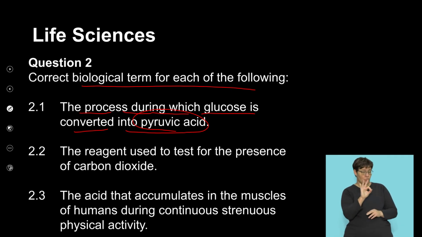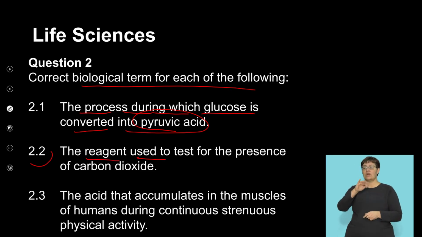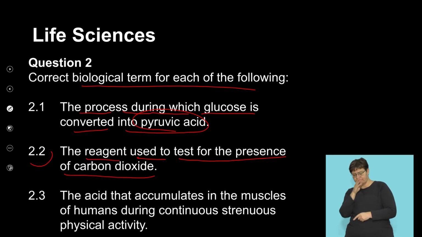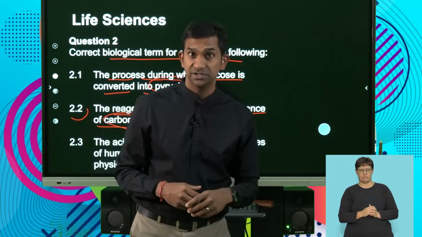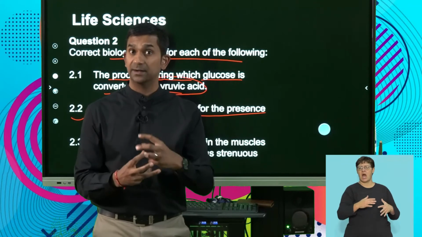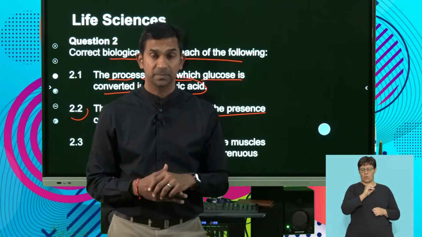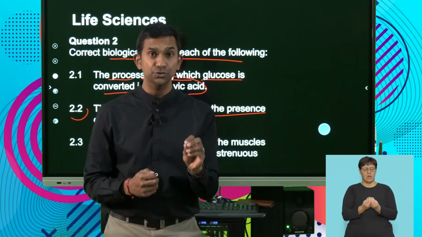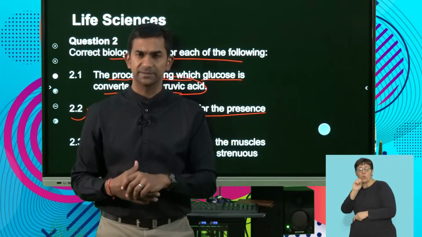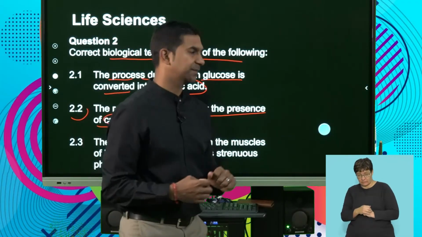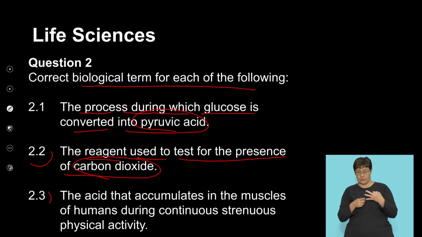The second question is, the reagent used to test for the presence of carbon dioxide. So guys, when doing respiration experiments, we often have carbon dioxide as a waste product. What is the chemical reagent used to test for the presence of carbon dioxide? I'll give you a moment to think about that. Question 2.3.